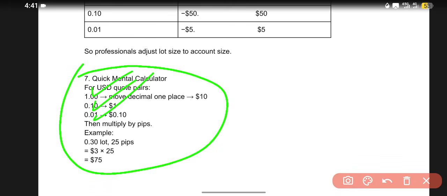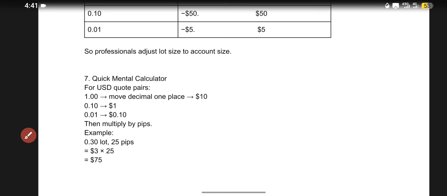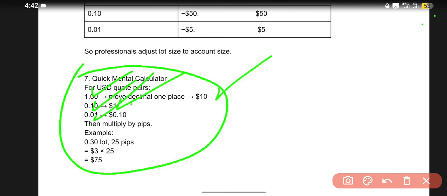Per every pip movement, with one lot you are making $10 or you are losing $10. With the 0.1, per every pip movement you are either making $1 or losing $1. And with the 0.01, you are either making $0.1 or losing $0.1. So this is just how the formula is.